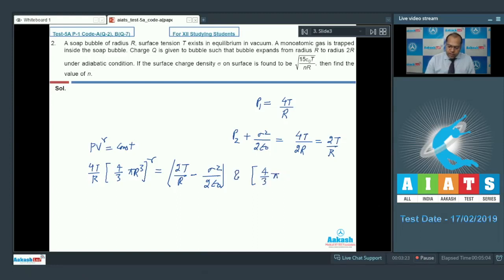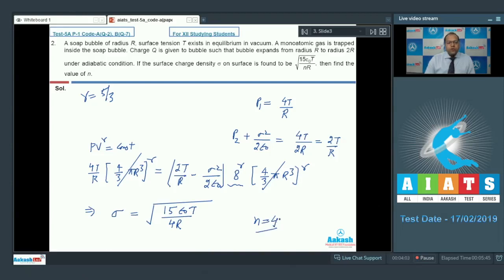So I can write 8 raised to the power gamma into r cube raised to the power gamma. This term gets cancelled out and the value of gamma for the monoatomic gas is 5 by 3. So the value of 8 raised to the power gamma comes out to be 32. If I solve this, the value of sigma is equal to root 15 epsilon naught T divided by 4r. So on comparison, the value of n is 4. So the correct answer for question number 2 is 4.